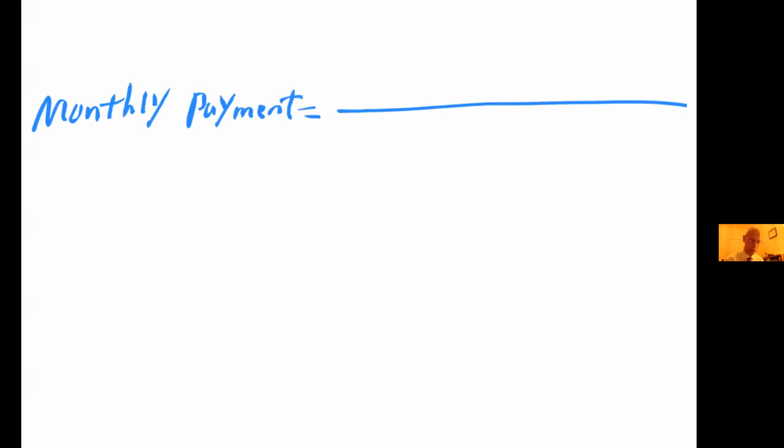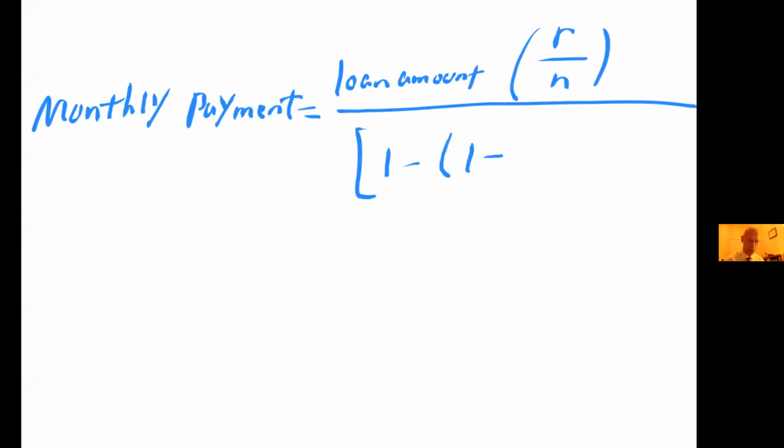The given formula for this particular problem is: monthly payment equals the loan amount times rate divided by n, and then 1 minus (1 plus r over n) to the power of negative nt.